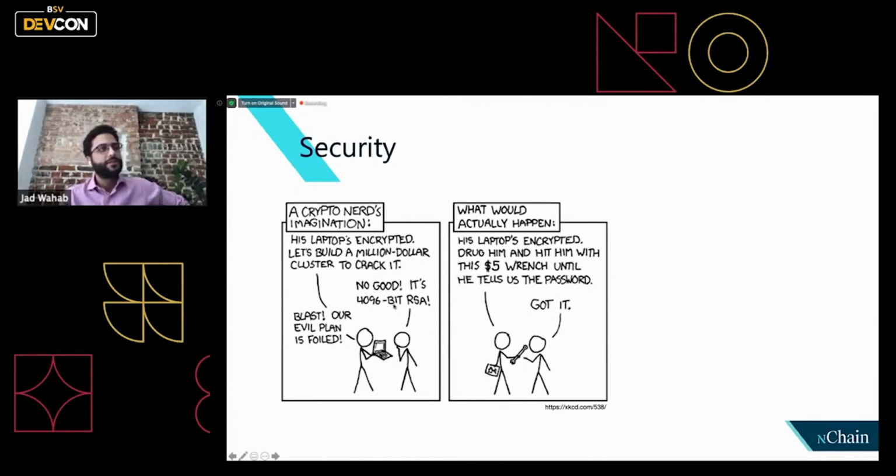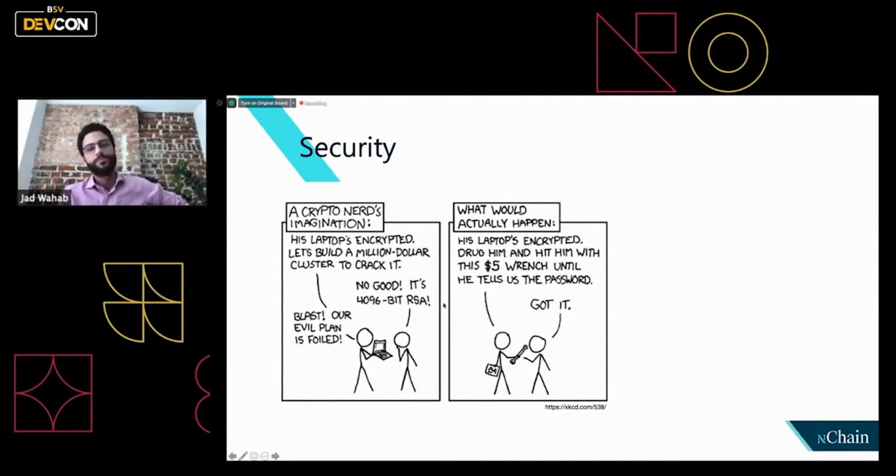And because it uses 4096-bit RSA, the evil plan is foiled. But what actually happens in real life is that security is always about the weakest link, which is the human element, and it's all about costs.